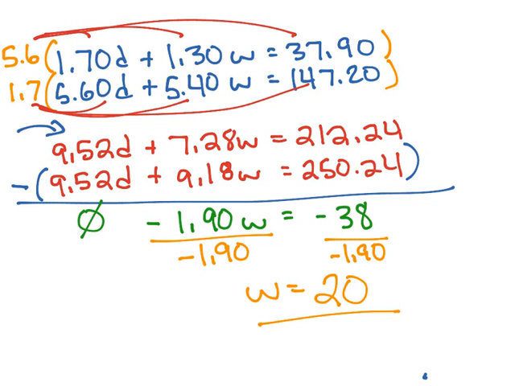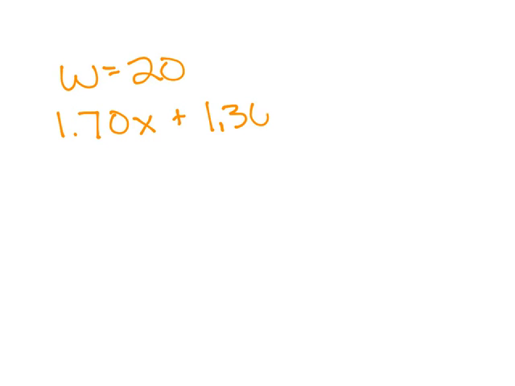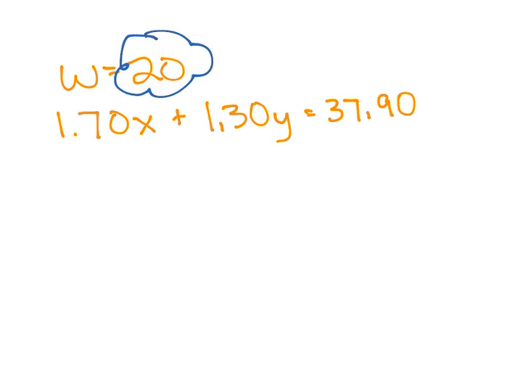Let's figure out how many fake dog poop we sold. Since W is equal to 20, we just need to plug it back into any of our values. In this case, I'll plug it into our first equation. So 1.7x plus 1.3y is equal to 3790. If we plug our W value, well, what mistake have I made?